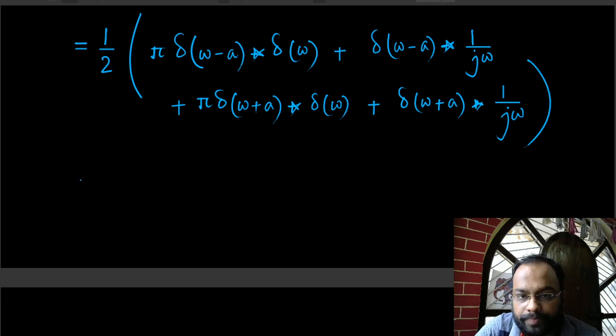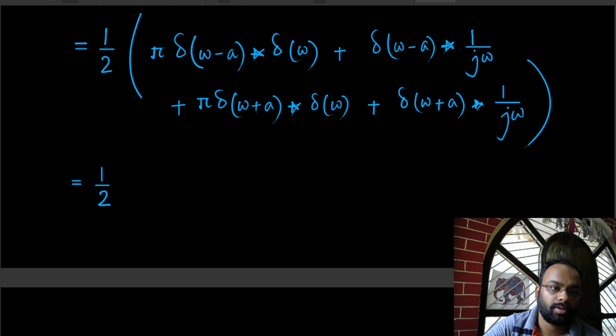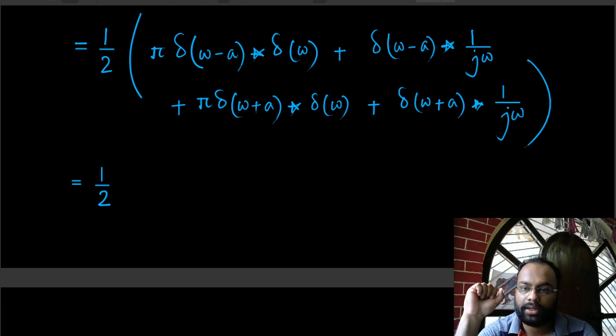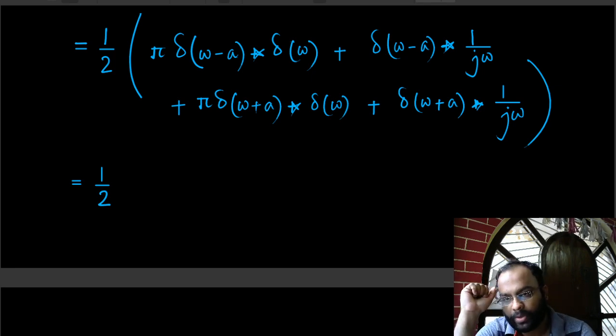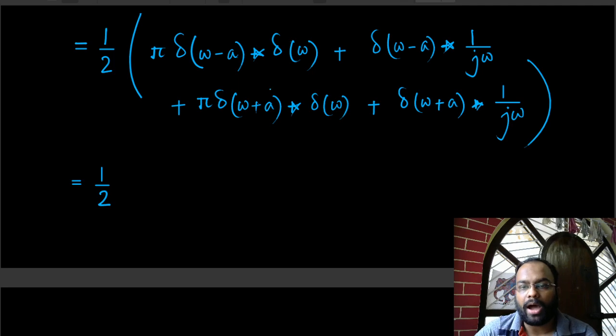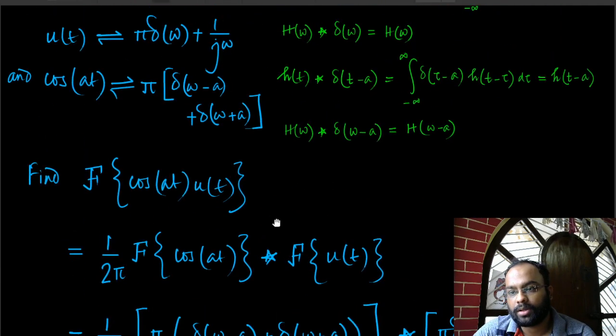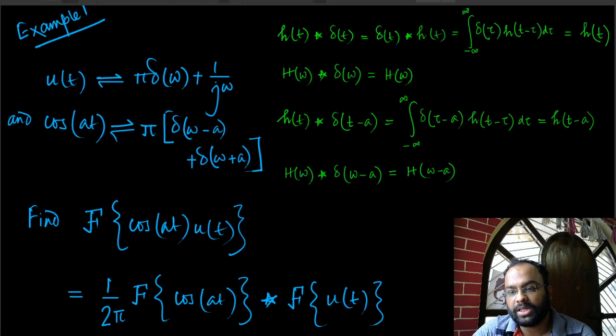Up to this point, is this clear? We just distributed the convolution. Now we are looking into this property: when I convolve delta t minus a with ht, the answer is ht minus a.